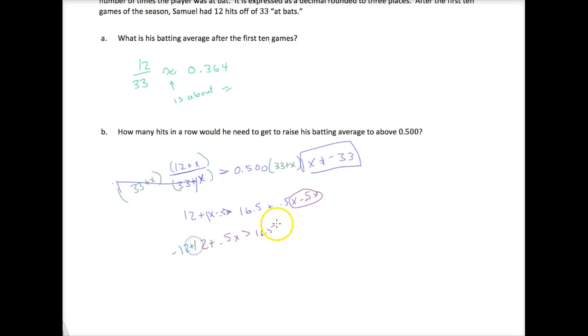Minus 12, minus 12, and we got 0.5x greater than 4.5. If I divide both sides by 0.5, we're going to get x is greater than 9.